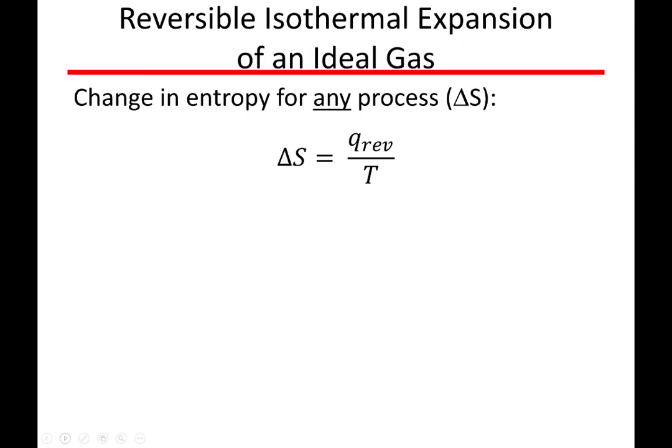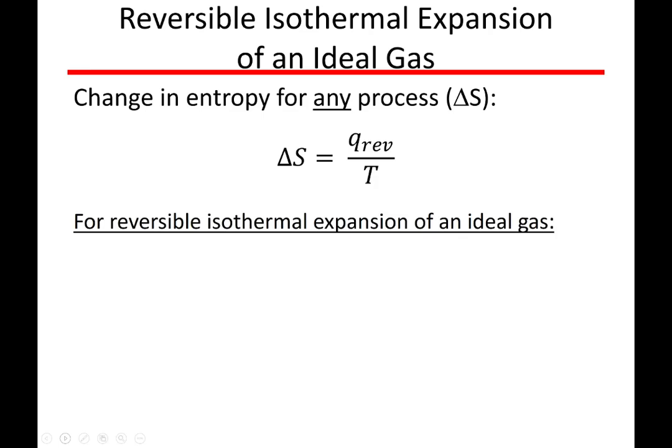Starting with our base equation that says the change in entropy for any process is Q reversible over T. This equation is always true. Now let's put on the restriction that we're now dealing with an isothermal expansion of an ideal gas. Previously, we came up with the expression for the reversible heat for the isothermal expansion of an ideal gas.